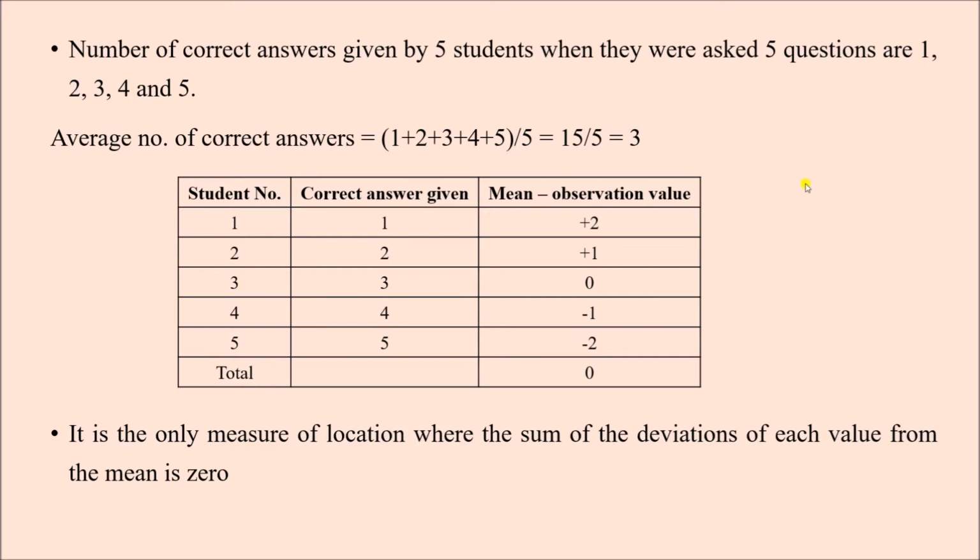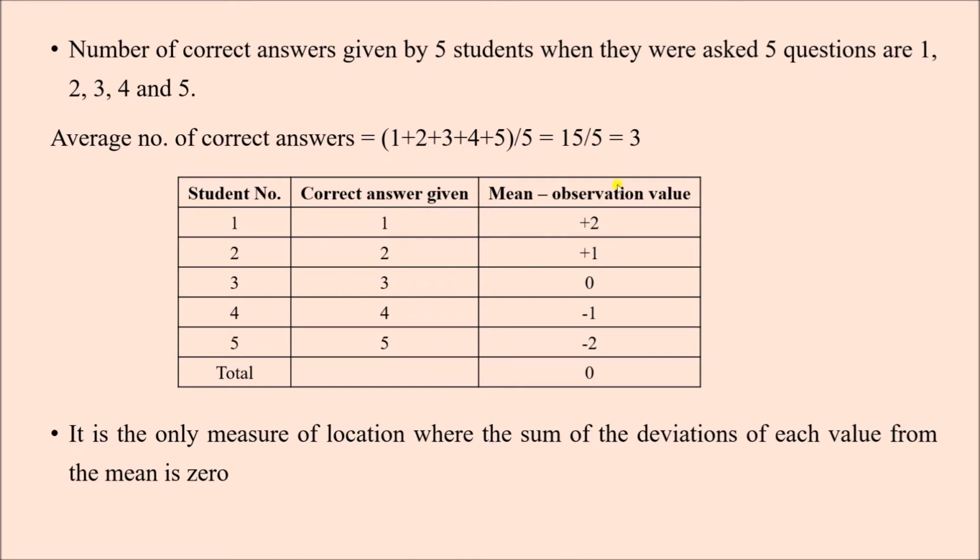Now we can calculate the deviation of values from the mean. So mean is 3. The first student gave 1 correct answer. So mean minus the value is 3 minus 1. So this is plus 2. Similarly, the second student gave 2 correct answers. So 3 minus 2 is plus 1.